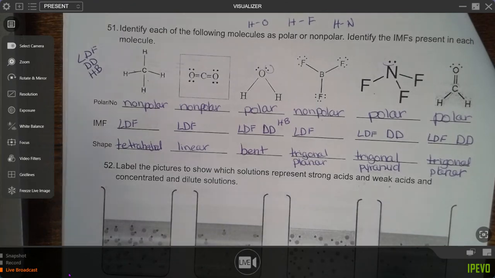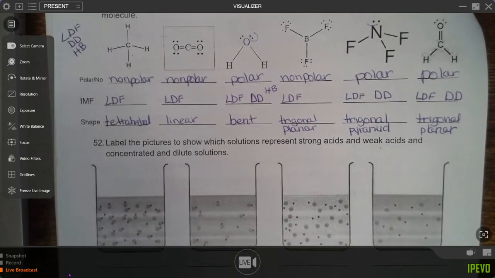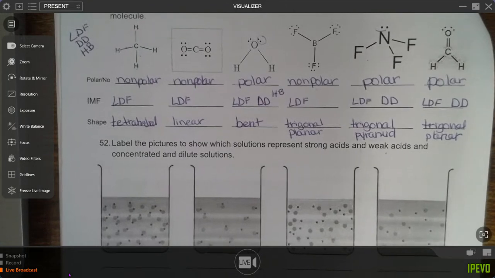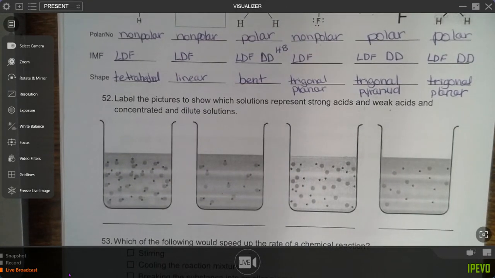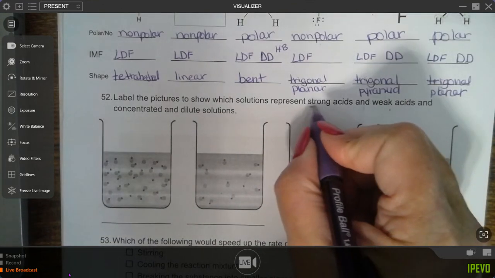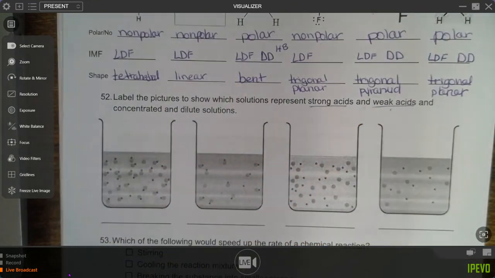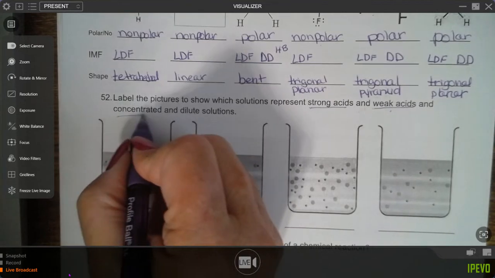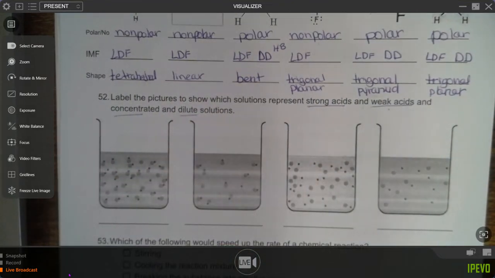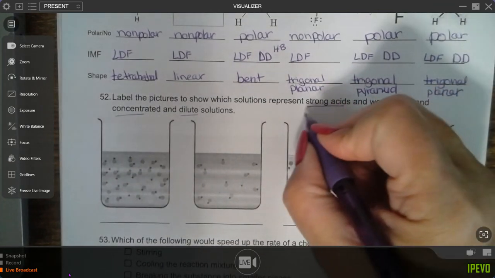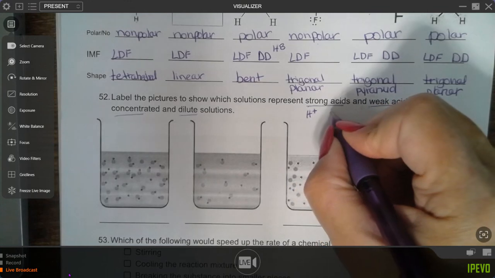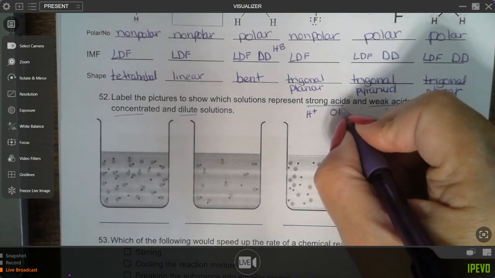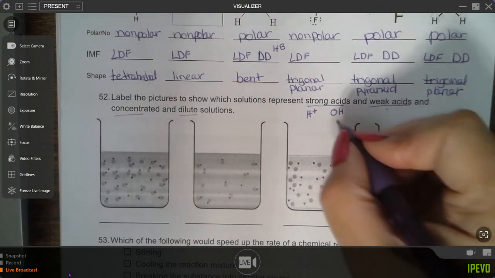This is something we talked about briefly in class, and you'll see pictures like this. It's asking us, do we have strong acids or weak acids, and are they concentrated or dilute? Strong acids break apart into their ions.